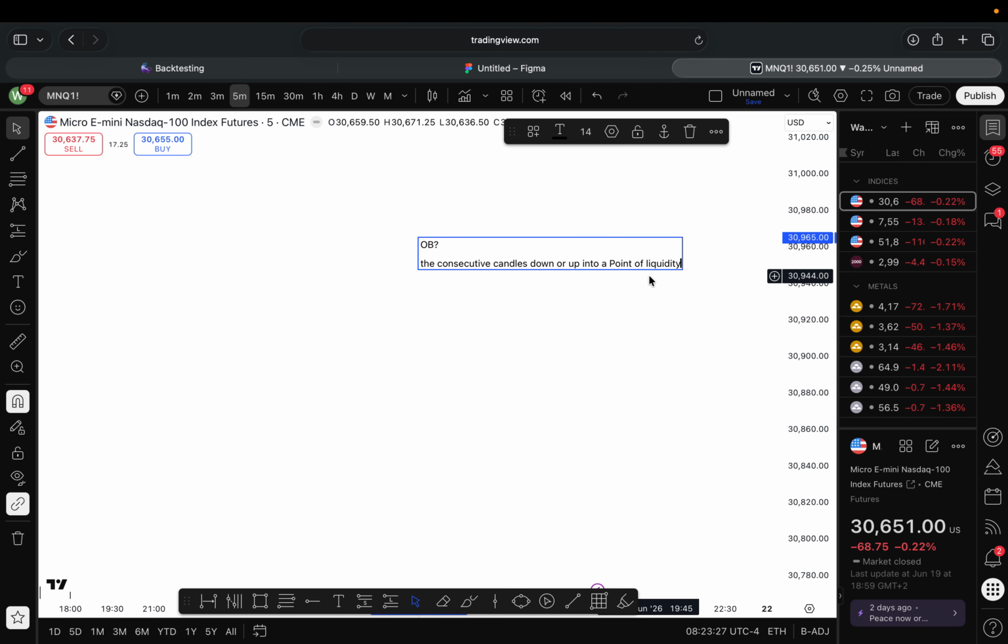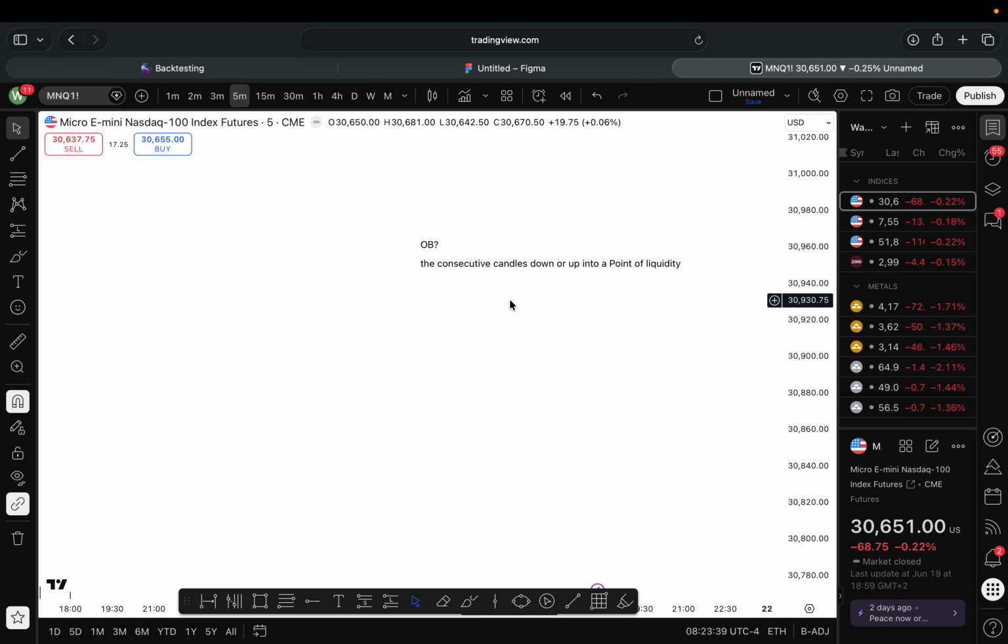That's what I like to think it is. I like to keep it simple. So it's the consecutive candles down or up into a point of liquidity.